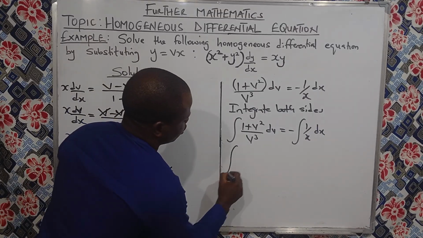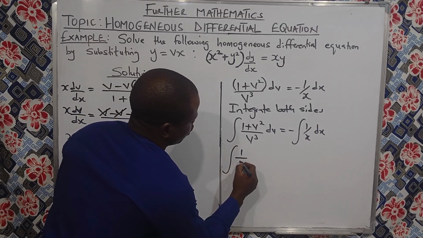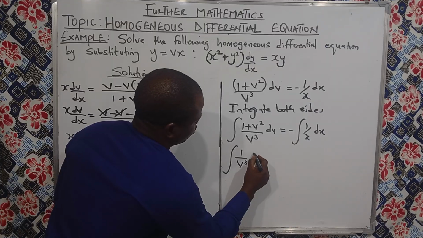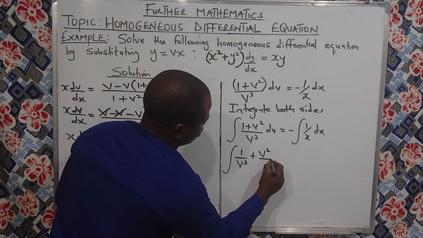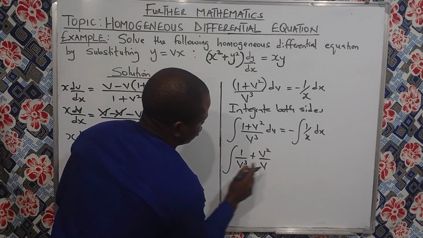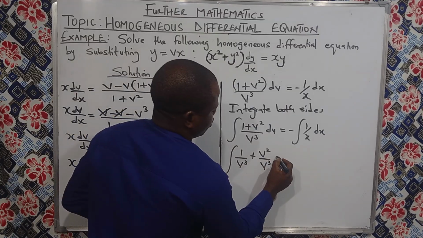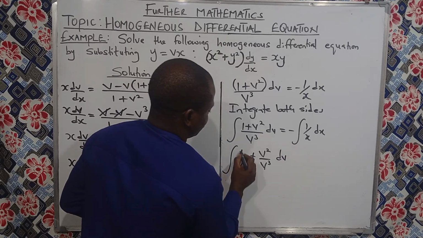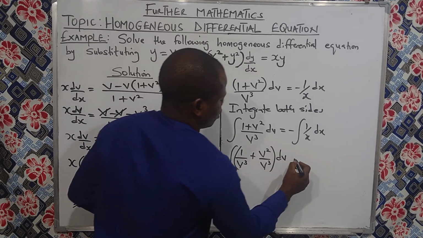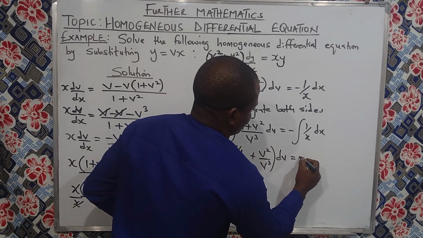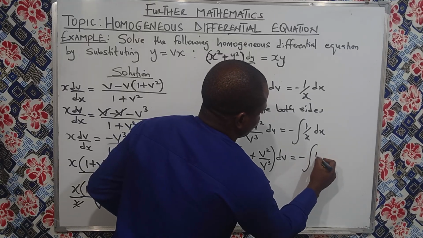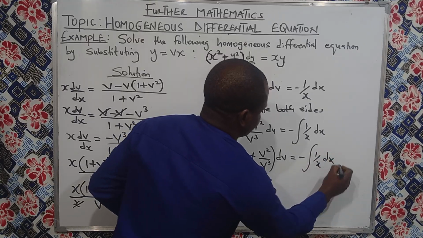Now having integral of 1 over v raised power 3 plus v squared over v raised power 3 dv equals minus integral of 1 over x dx.